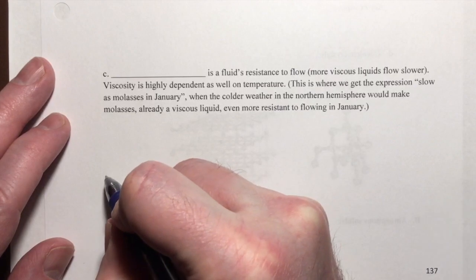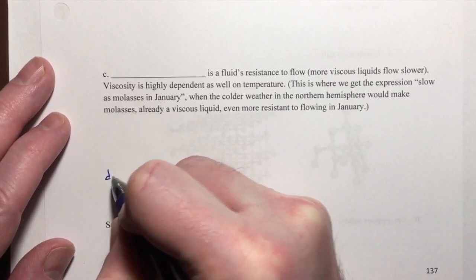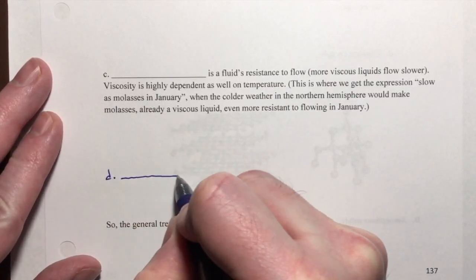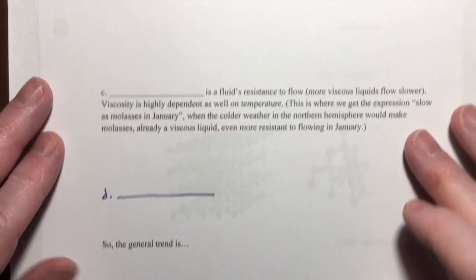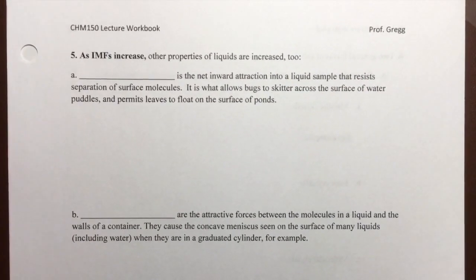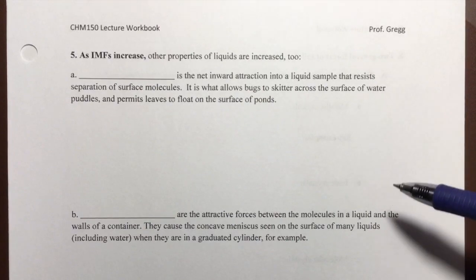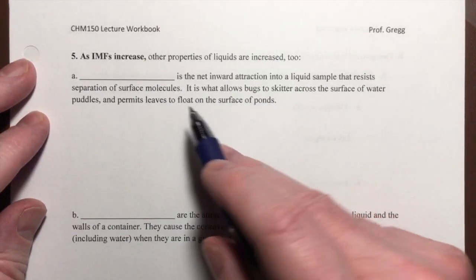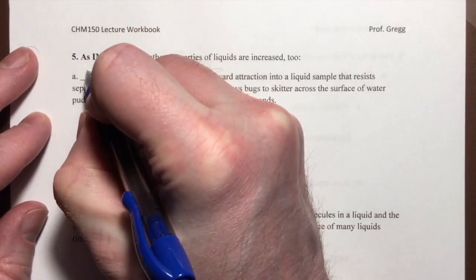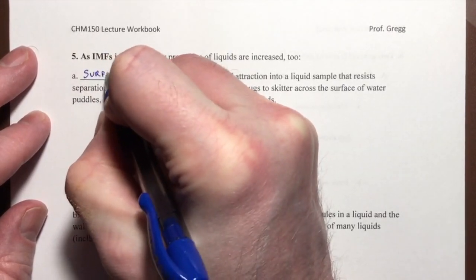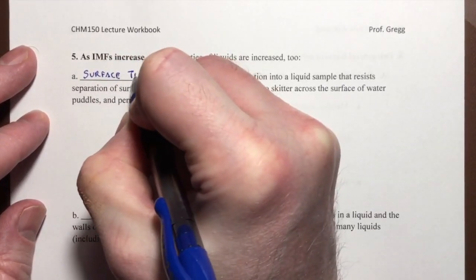I'm going to put D here, just to remind myself that I have to add 1 to this. Okay, so let's go through them in order. The first one that we're going to talk about is surface tension.